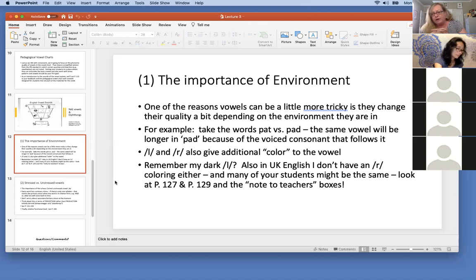All right, so importance of environment, particularly with R's and L's. I always said that it didn't matter that I said "vowel" instead of "vowel." And then I was teaching a class to undergraduates, and I gave them an exam, and I said, what's the difference between vowels and consonants?